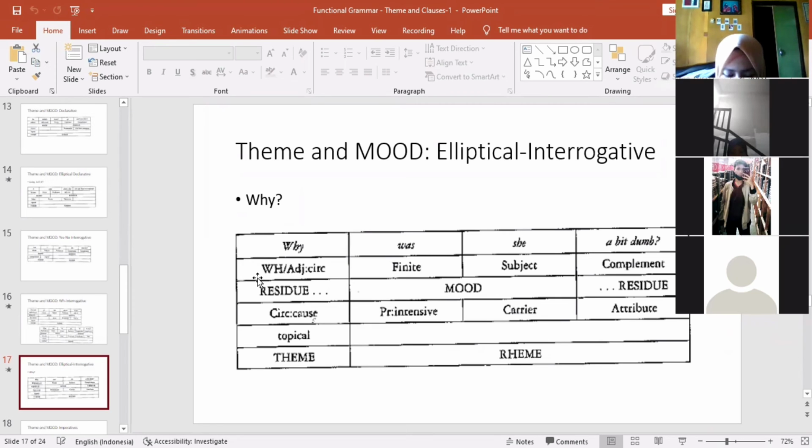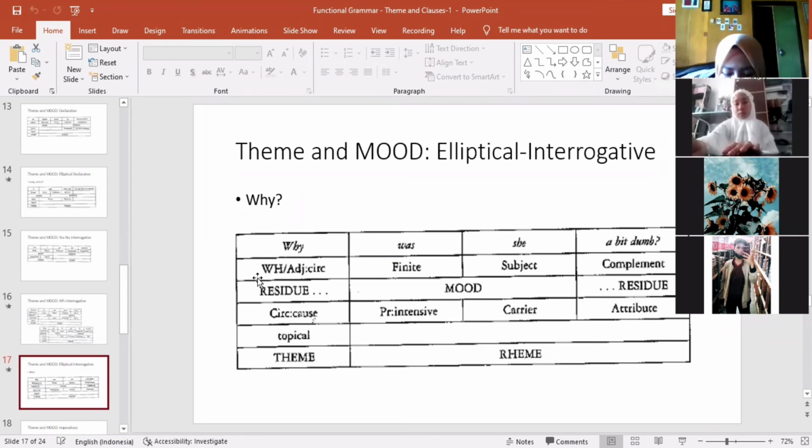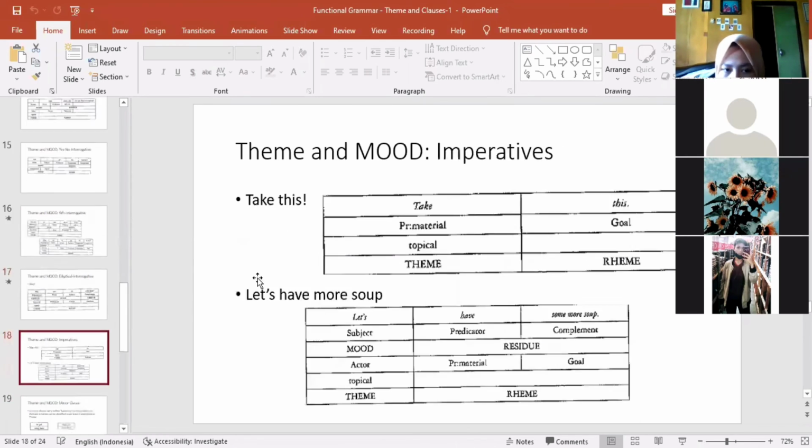And then for the transitivity analysis, why is circumstance of reason, they is actor, come here is material process, but she doesn't is goal. And then for theme and Rheme analysis, why is topical theme, and the rest is Rheme.